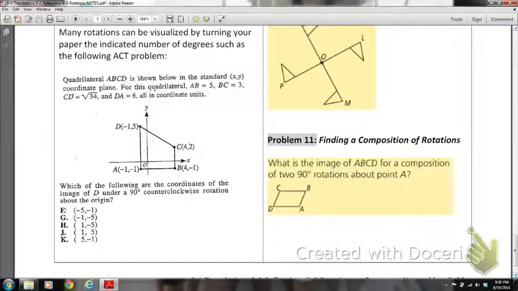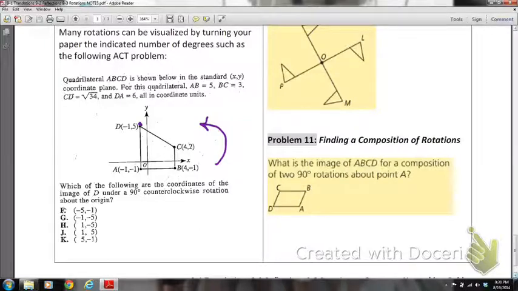In this question, it says, which of the following are the coordinates of the image of D, so you're just looking at point D, under a 90-degree counterclockwise rotation about the origin. If you would just take your paper and turn it a quarter turn to the left, that would be 90 degrees, because 90 degrees is a fourth of 360. 360 would be a complete turn, but we only want to go 90 degrees, so it's a fourth of a turn.